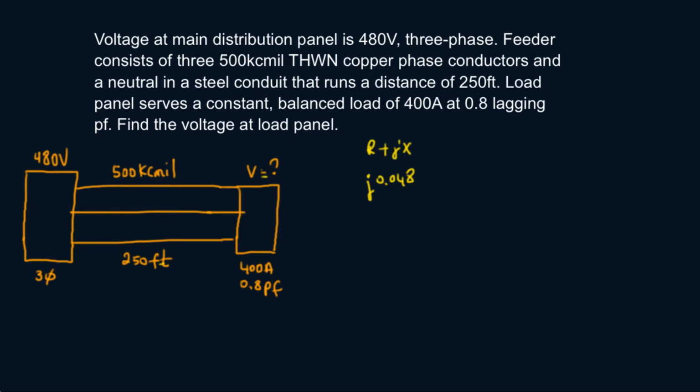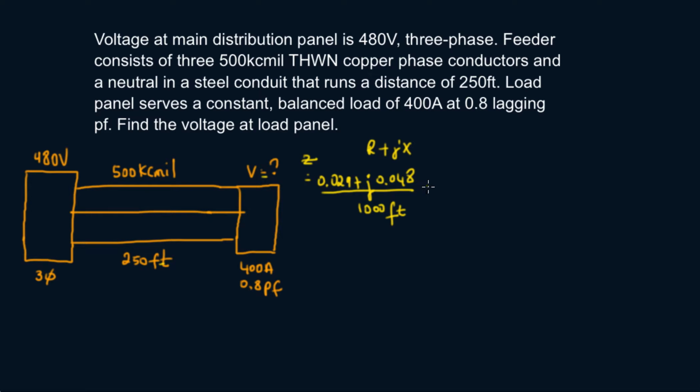Make sure you get it right and don't mix it up, because otherwise you'll have inverse values of what you really need. I will talk about the other method after I'm done with this. So this is your impedance, but this is per 1,000 feet.